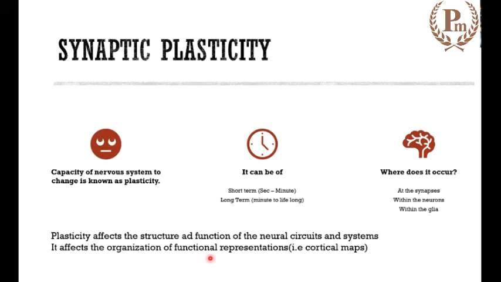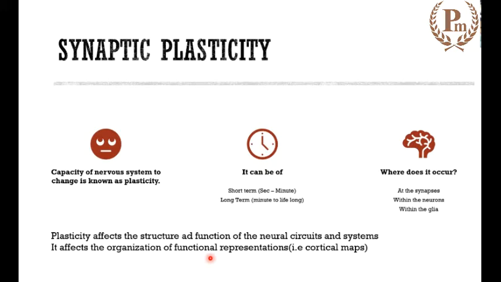For example, if we do not use any part of our body for a long time, although it has a cortical mapping, the areas allocated for that part may have fewer synapses. There are different experimental proofs for this, but we will not go into detail.